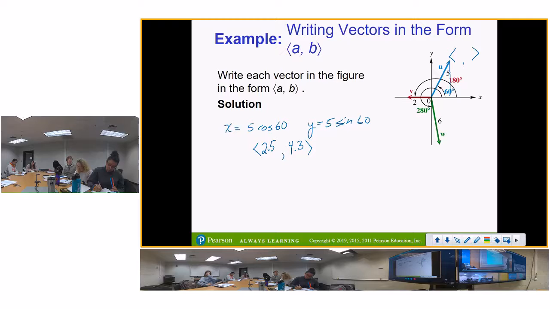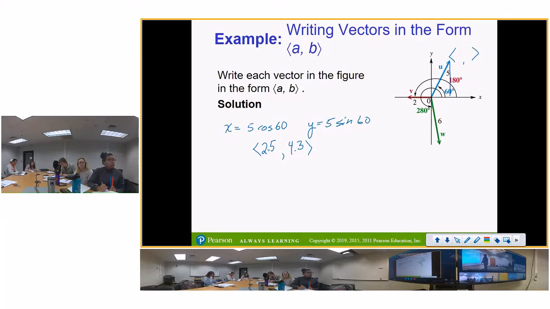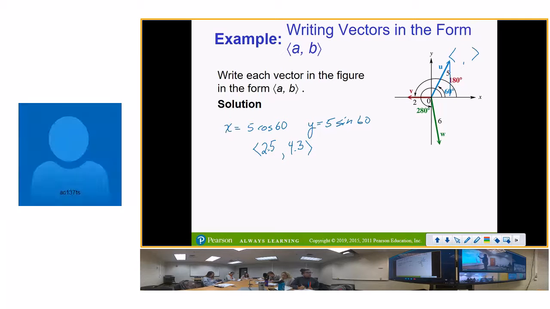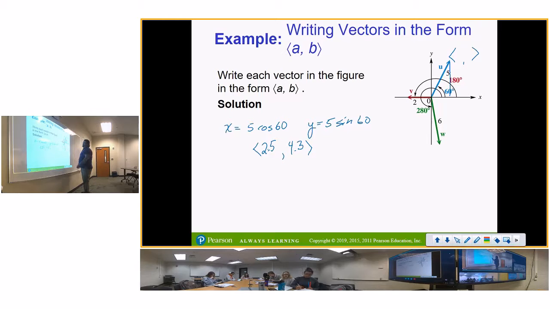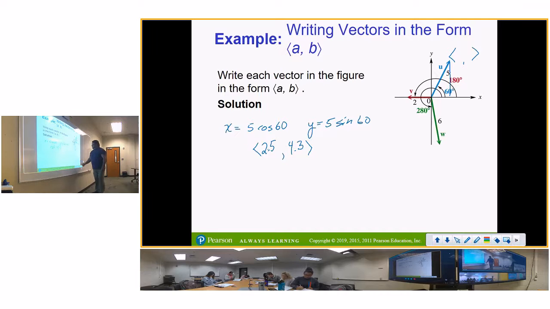Now, of course, red is 180 degrees, so you really don't have to calculate it because you know from the unit circle, what's your sine and cosine? Cosine is -1. What's your sine? So, you know that the y is going to be 0. And what is the x? -2. So, you really don't have to do the red. But we're going to do it anyway.